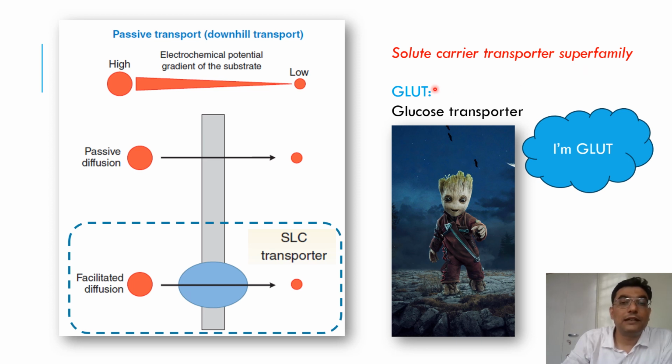One very important example is the glucose transporter, or GLUT. This is a very important transporter involved in the transport of glucose molecules in various tissues.